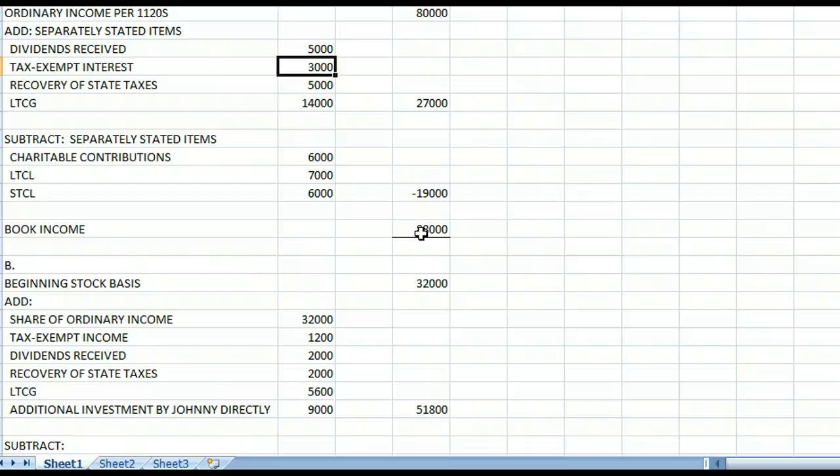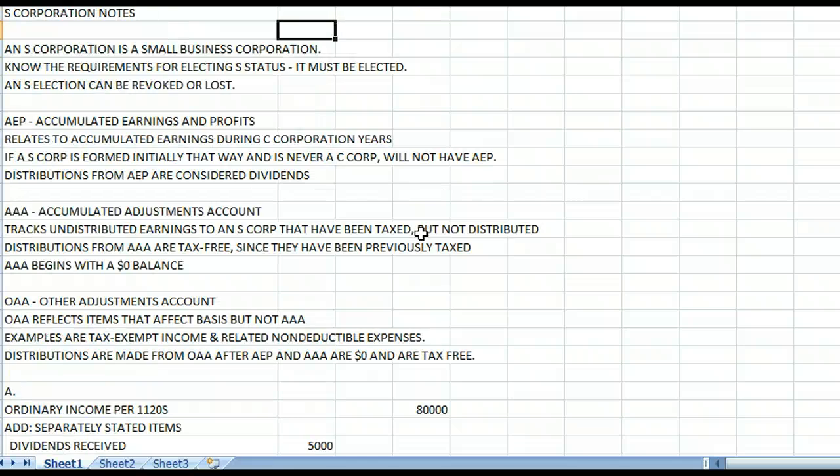The reason that you don't add the tax-exempt interest is that's going to be one of those items that I talked about up here initially in my notes that is going to flow into OAA. And what OAA reflects is items that affect basis but not AAA. Examples are tax-exempt income. So tax-exempt income affects basis, but it doesn't affect AAA.